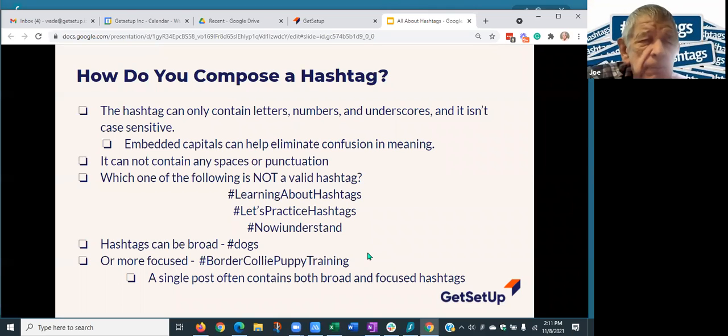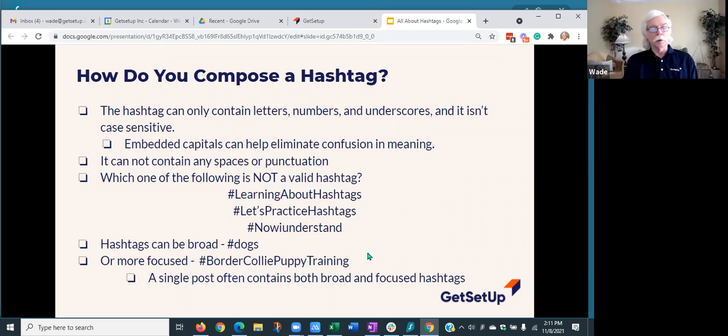Wade? Yeah, Joe. If you go ahead and click on something like hashtag dog, and there's a hashtag dog training, would clicking on hashtag dog also find hashtag dog training? Oh, good question. It would just find hashtag dog.